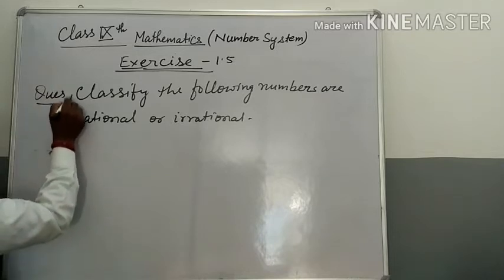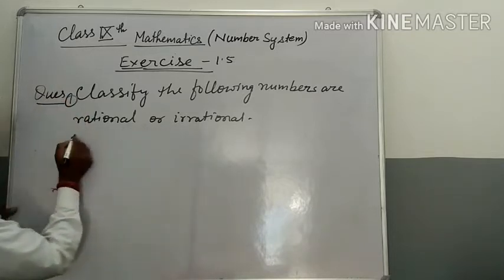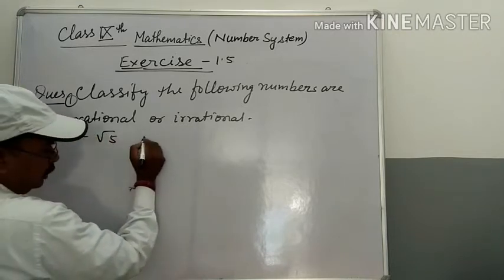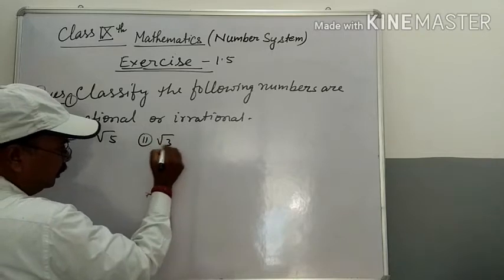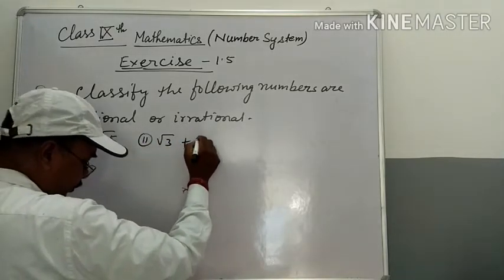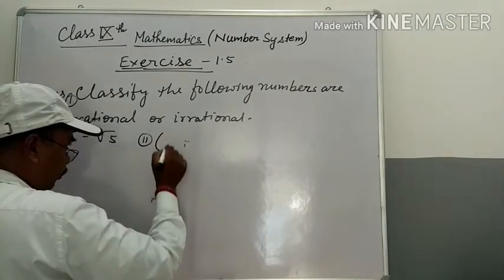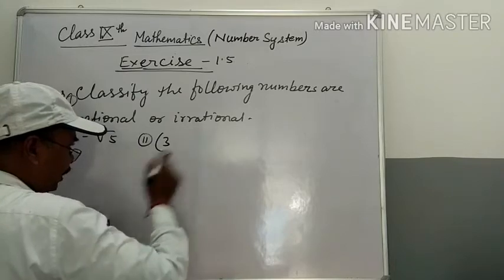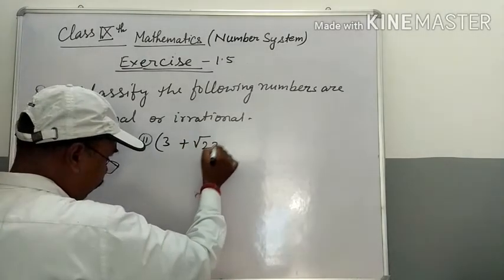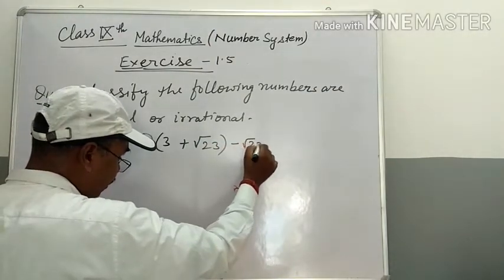Students, in question number 1, we have to find out: first, 2 minus under root 5. Second, under root 3 plus, not under root 3, that is 3, in small bracket 3 plus under root 23, bracket close. Next, minus under root 23.